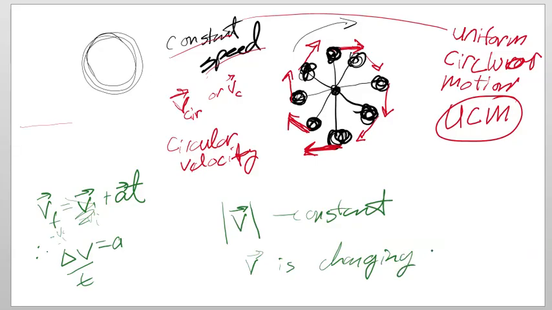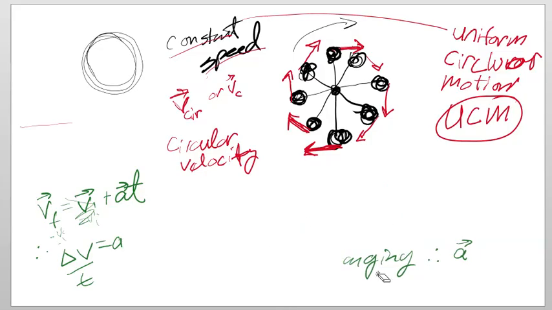So therefore you have acceleration. It is accelerating. I'm going to get to the acceleration more in just a second. I just wanted to show you that. And let's do the equation for your circular velocity. Actually, I'm going to stop this one here.